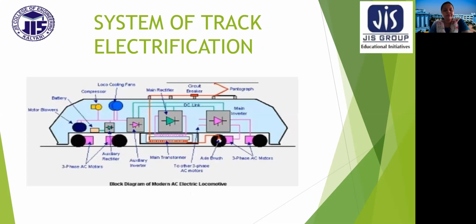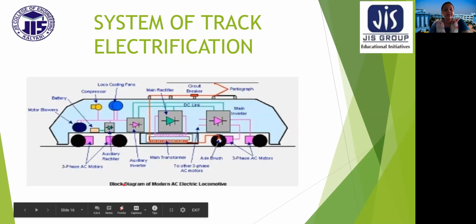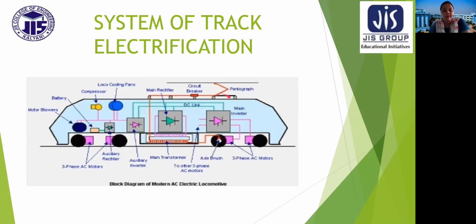Now, system of track electrification. For this figure, you can refer to J.B. Gupta, Electric Power. There you can find this figure. See here, this is the catenary, pantograph, and through the circuit breaker these are connected to the main rectifier system.